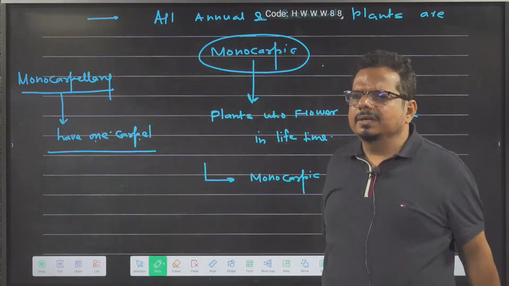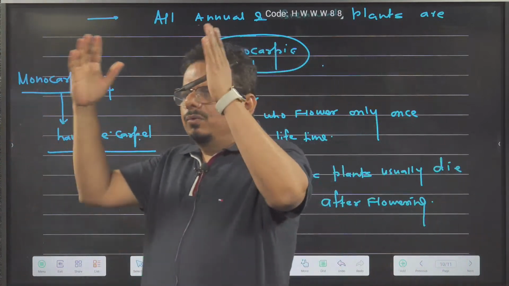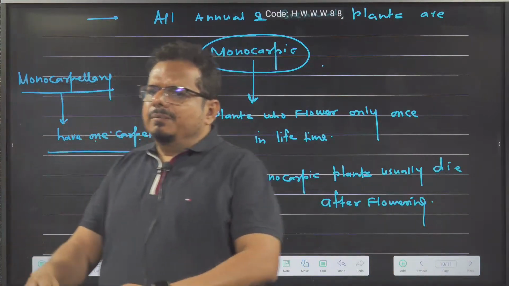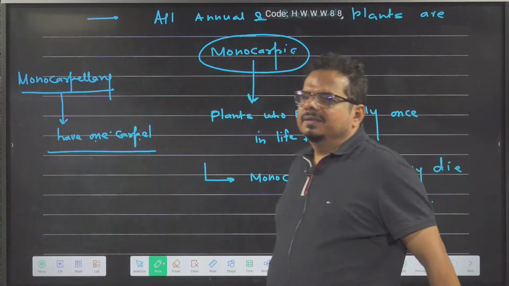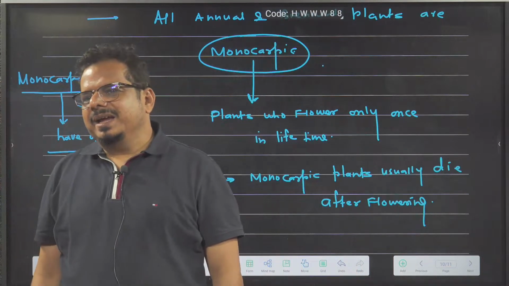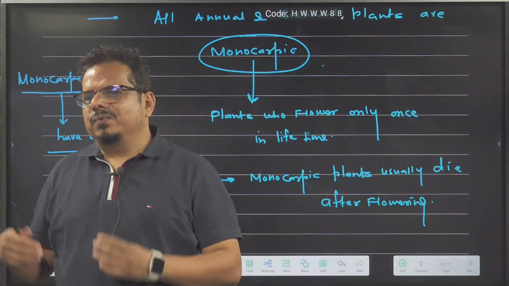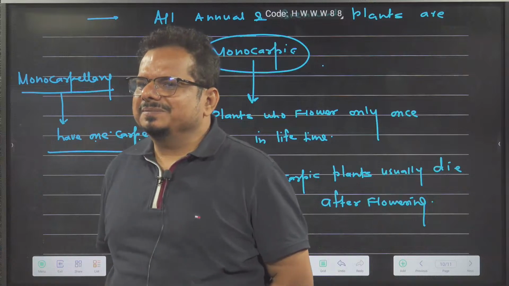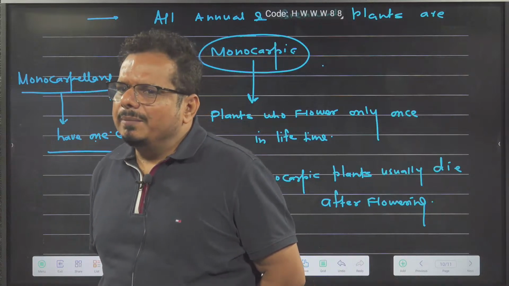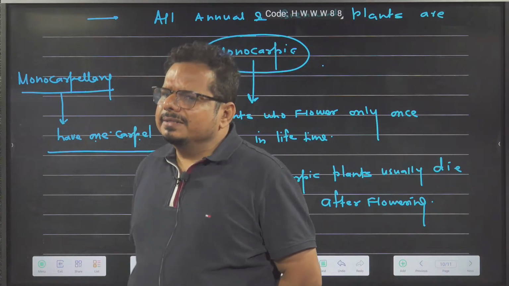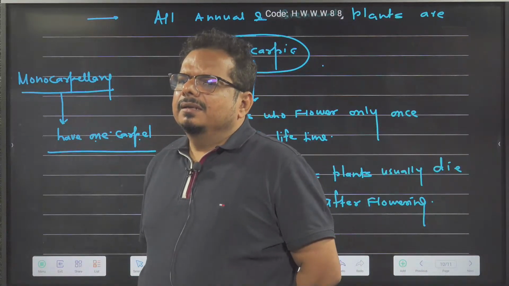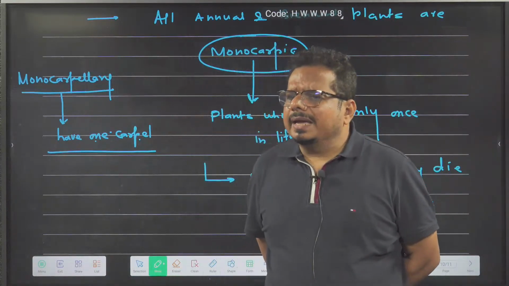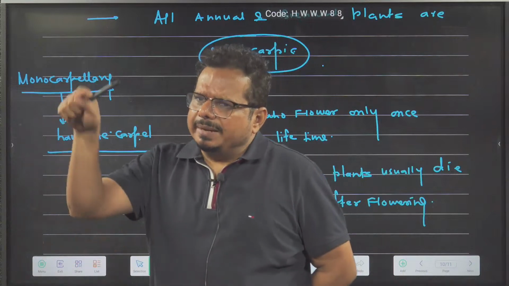That is the reason that, to be on the safe side, I wrote the word usually. Most monocarpic plants, almost all, die after flowering. When the flower comes, the fruit comes, and death of the plant occurs. After making fruit and seed, the plant dies. So a new plant comes from the new seed, not from the same plant.